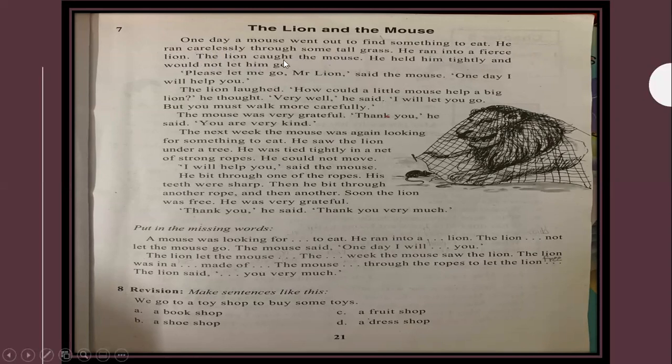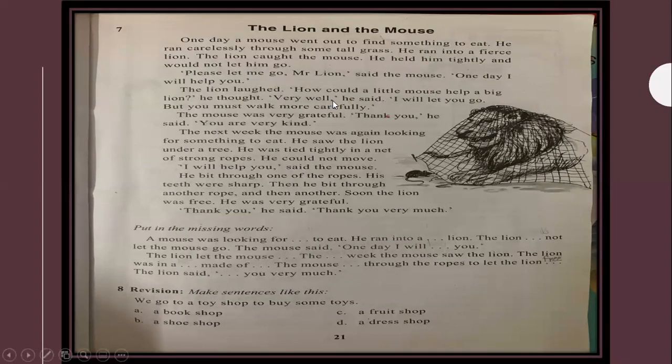The lion caught the mouse. He held him tightly and would not let him go. "Please let me go, Mr. Lion," said the mouse. "One day I will help you." The lion laughed. How could a little mouse help a big lion? He thought.